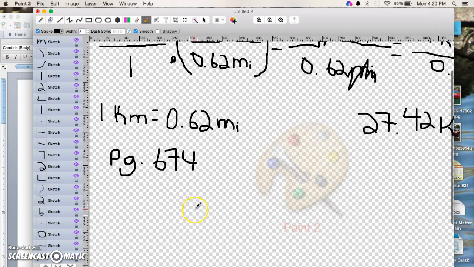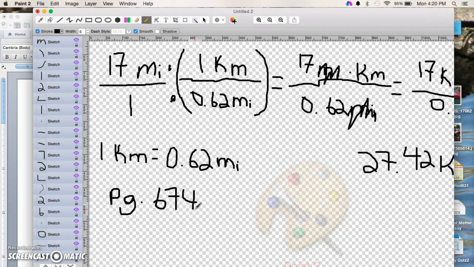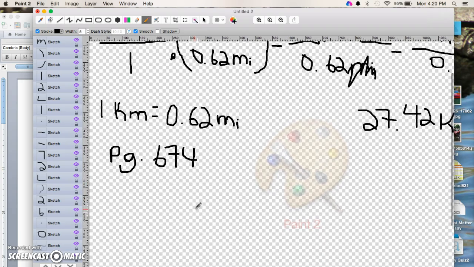We still need to get it from kilometers to meters and from meters to decimeters.